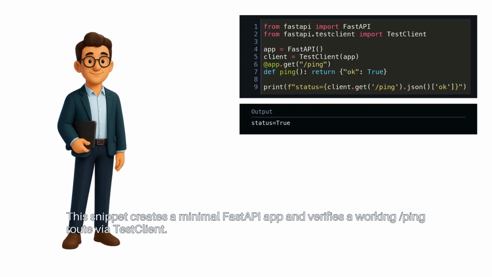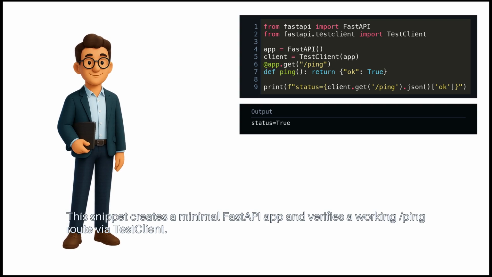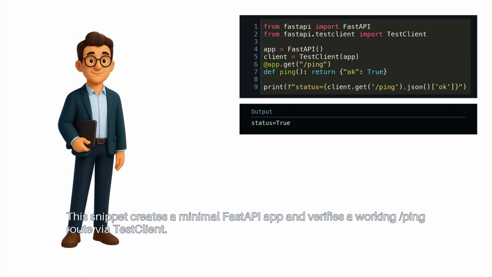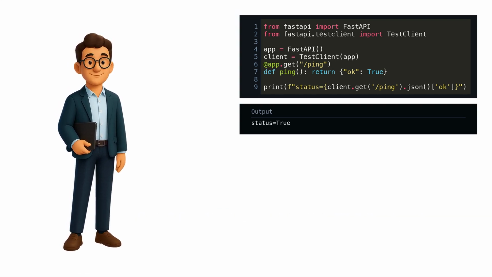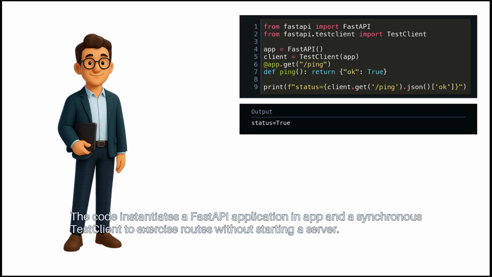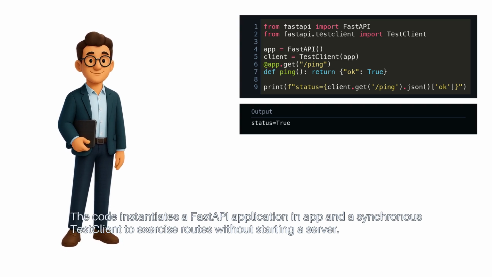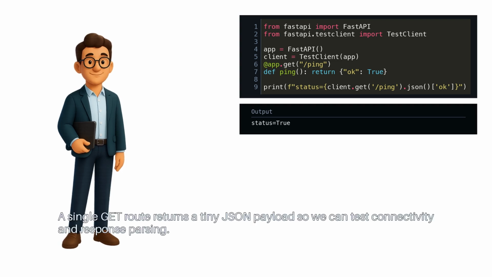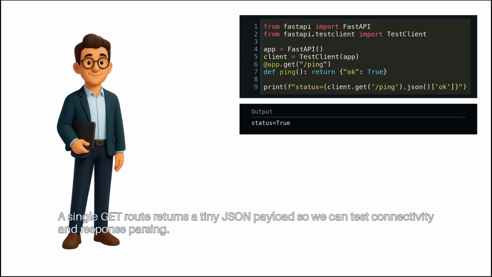This snippet creates a minimal FastAPI app and verifies a working /ping route via TestClient. The code instantiates a FastAPI application in app and a synchronous TestClient to exercise routes without starting a server. A single GET route returns a tiny JSON payload so we can test connectivity and response parsing.